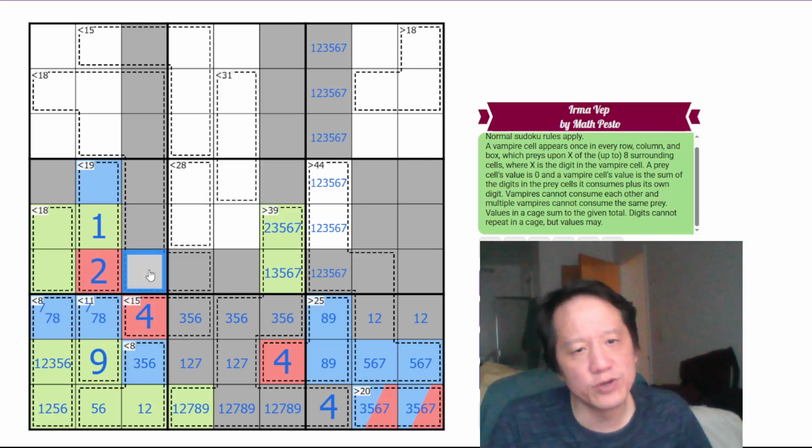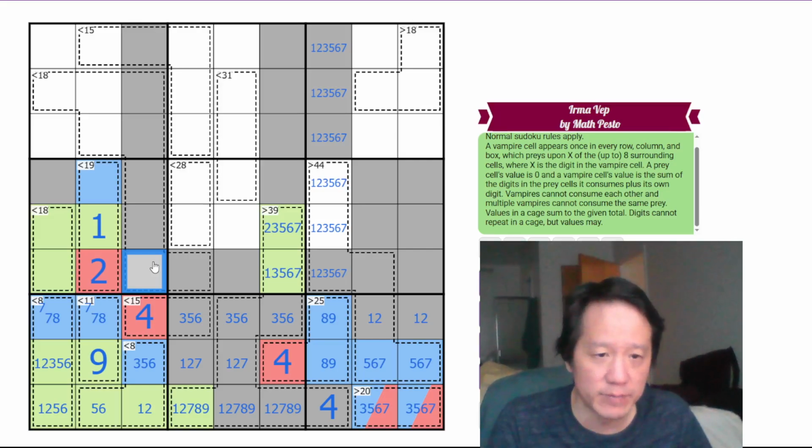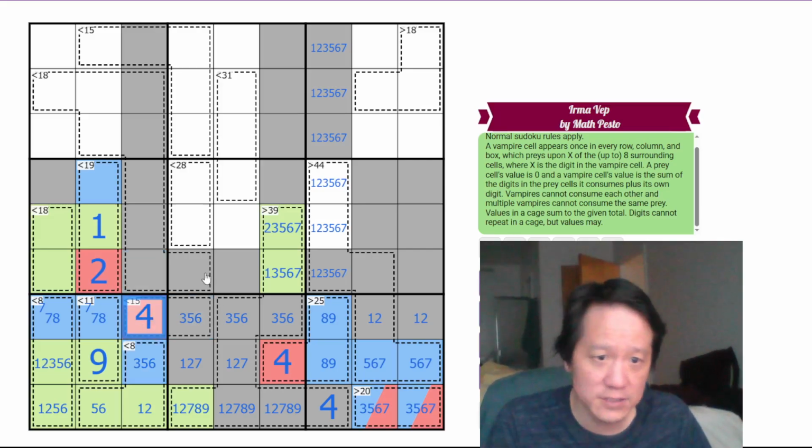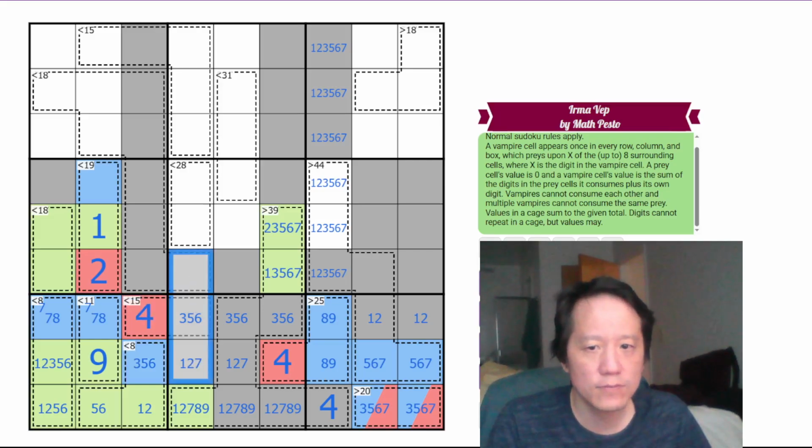This would be 3 if it pulled from that. So at minimum you have 3 and 5 here. That would be 8 plus 4 plus 3, which is already 15. So this one cannot pull from here. This one has to pull then from here and then these 3. So it must pull from these 3 here.